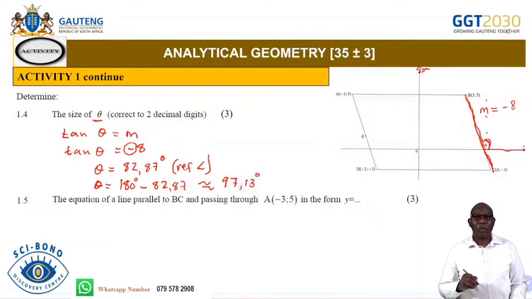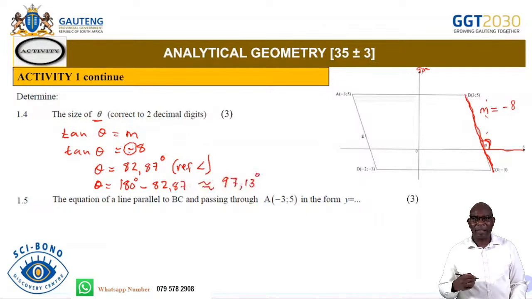Okay, and this question, it's always a problem because we are getting solutions where learners are using the negative and they get a negative angle. And in this case, we want it to be a positive angle. So we rather disregard the negative when we put it in a calculator, and then from there we can do it by using 180 minus.